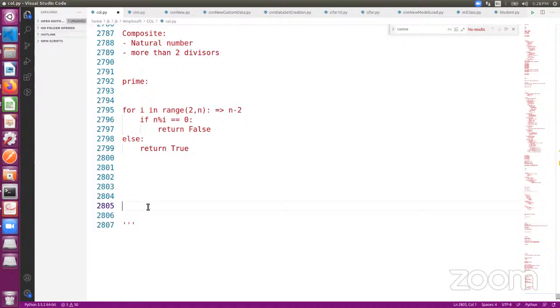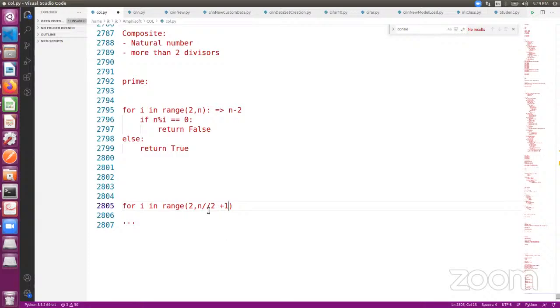So now, how do we change the for loop? What should be the range? 2 comma n by 2 plus 1. Why?